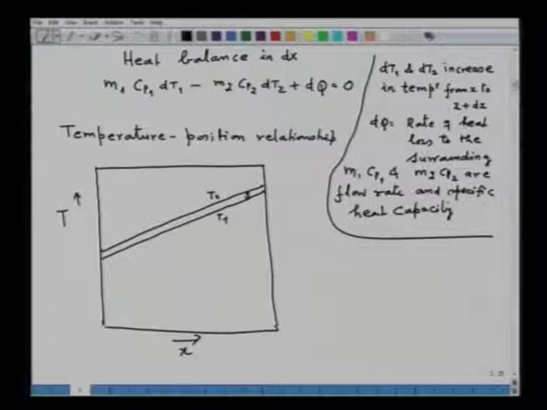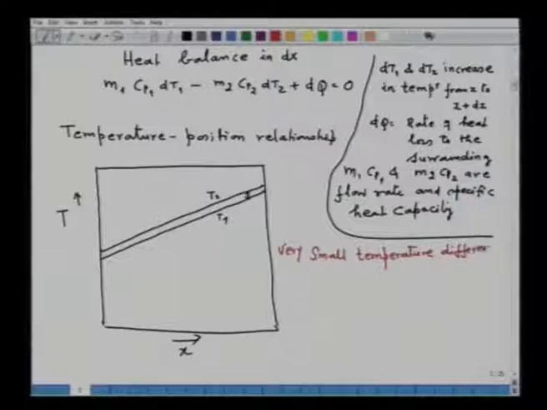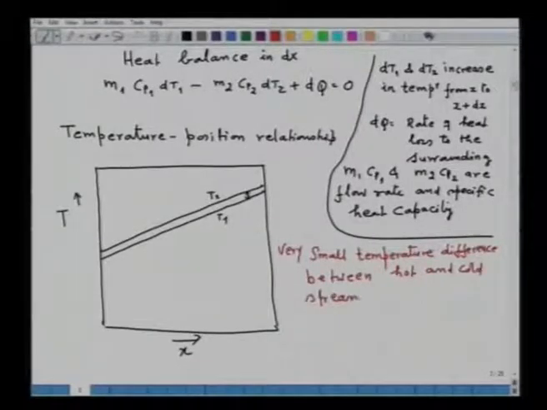What we see from here is that in this situation there is a very small temperature difference between the hot and cold streams at any value of x during the flow.